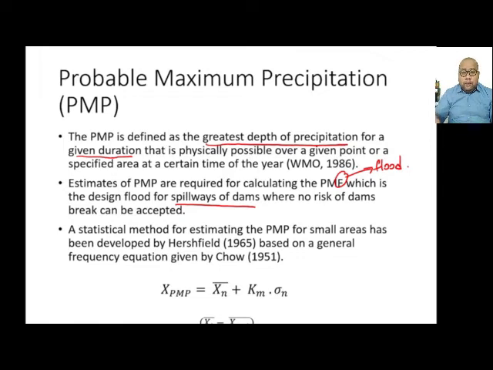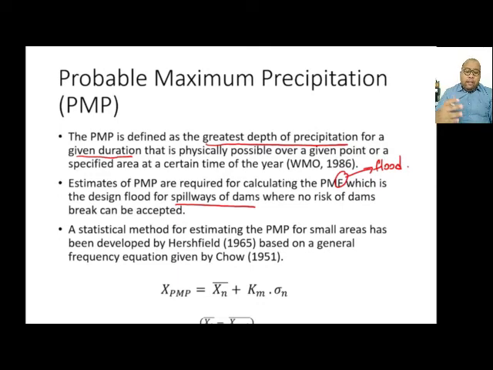Normally we don't want that to happen. That's why we design the spillway. When the water rises, it goes straight to the spillway and flows out. That is the purpose of the spillway, and how we integrate this concept with the PMP.